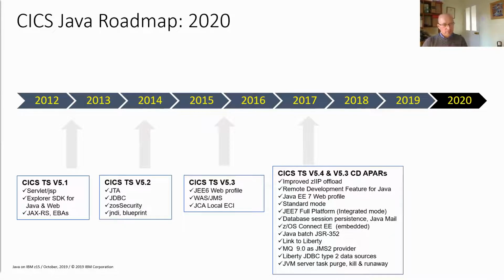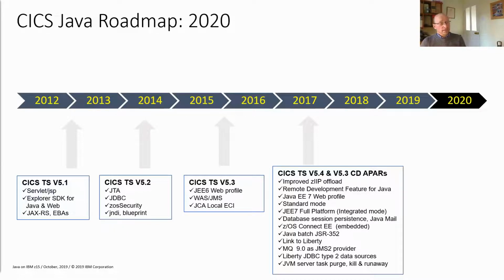We built on that with 5.2 and 5.3. In 5.3, we had Java EE6 web profile, and then in 5.4 and with CD, the continuous delivery APARs, we did a lot of new function in 5.4, which is listed here with Java EE7.